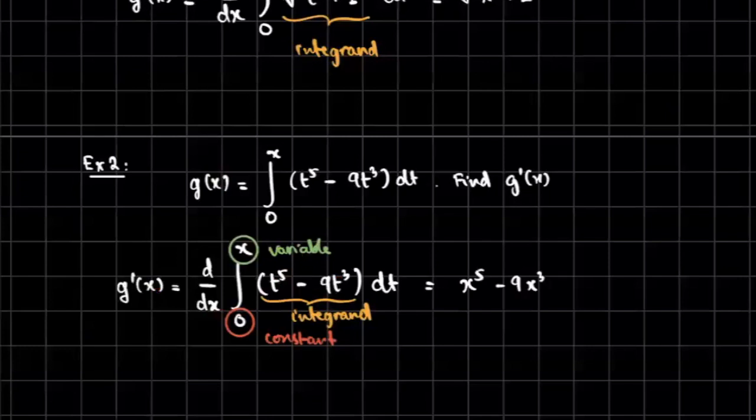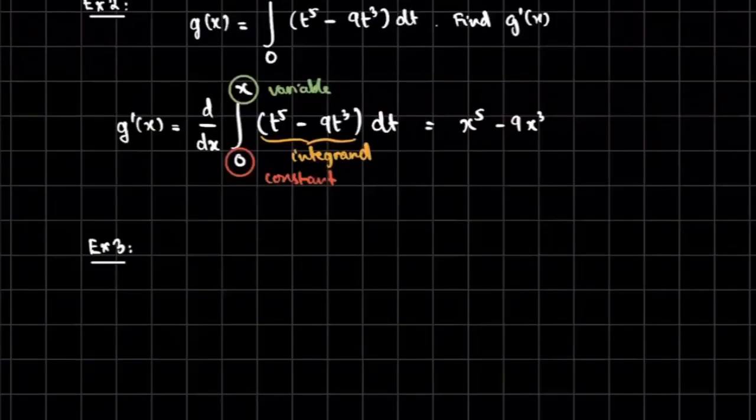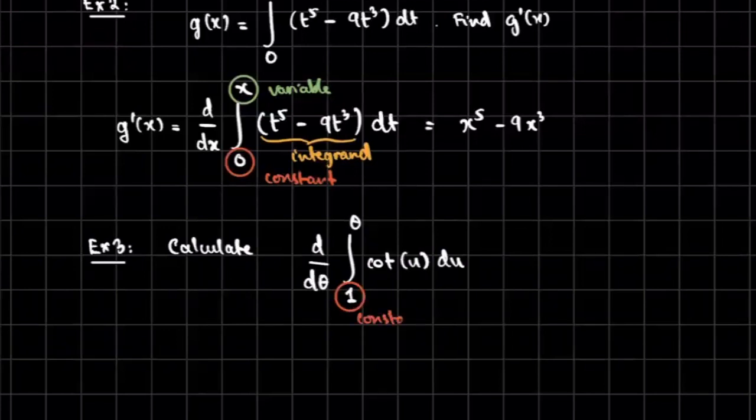Now for example 3, you want to calculate the derivative d d theta of the definite integral from 1 to theta of cotangent of u du. So here's again the setup. The lower limit of integration is a constant. We got that.